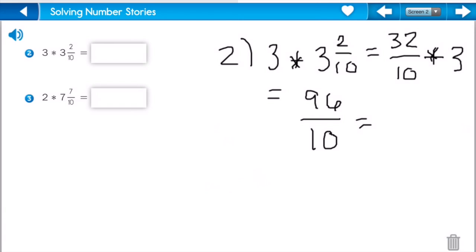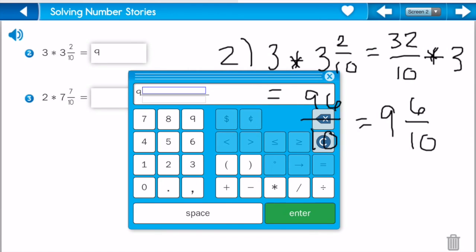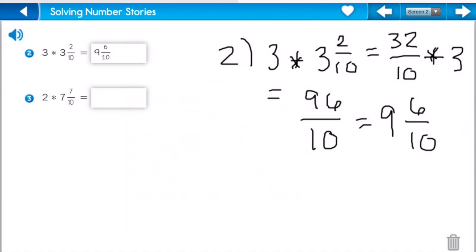So we know that 9 groups of 10 would fit into 96, so we have 9, and then we would have 6/10 left over. So our answer for 2 would be 9 and 6 over 10. All right, let's try 3.